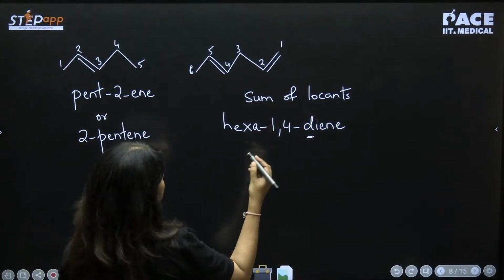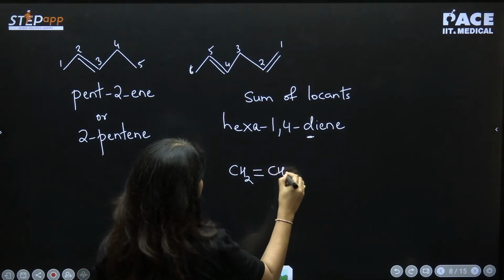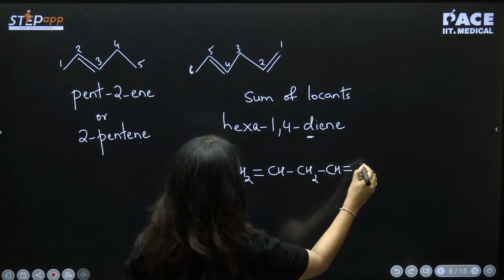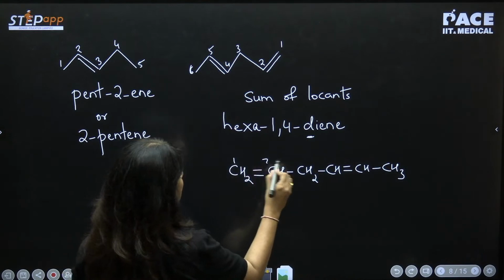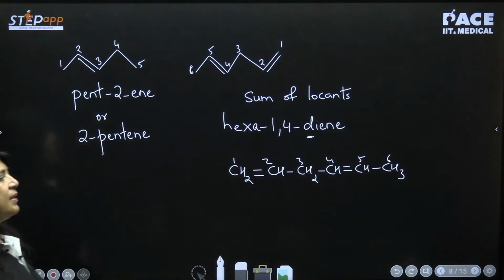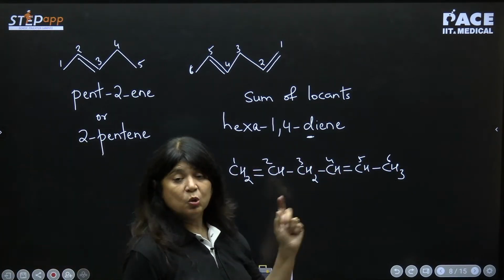If you want me to write the structural formula, this is going to be the structural formula for this. One, two, three, four, 5, 6. Okay, 6 carbon atoms. So root word hex. 2 double bonds. So diene.